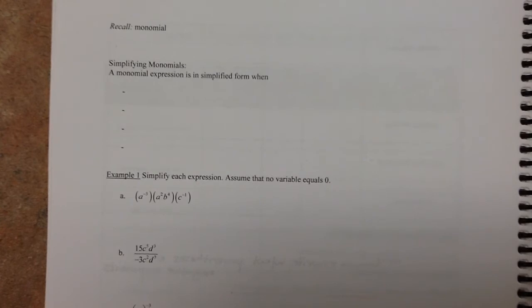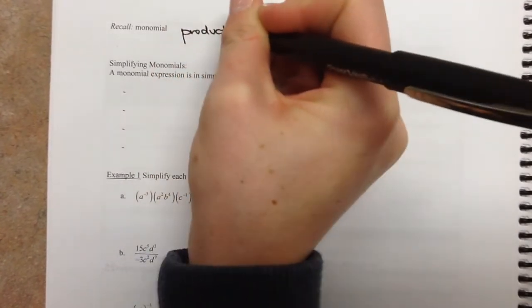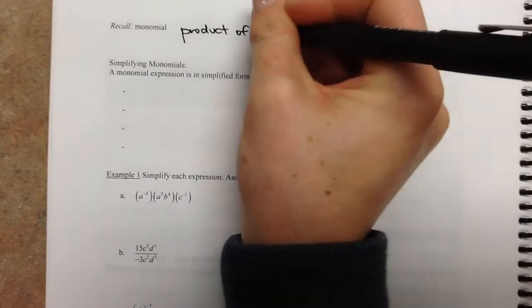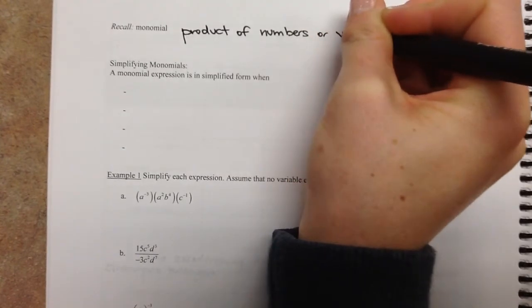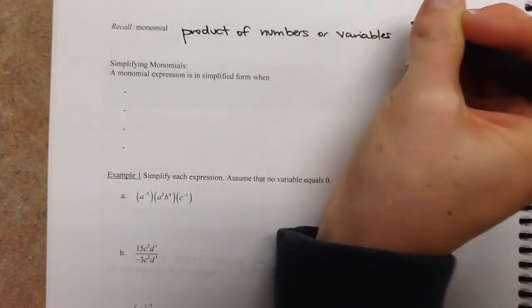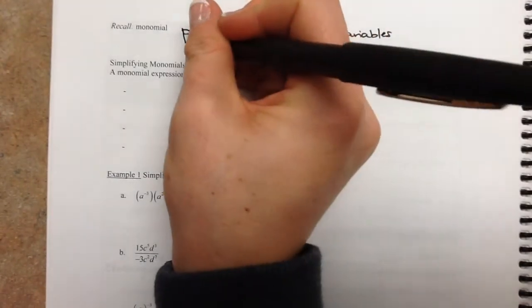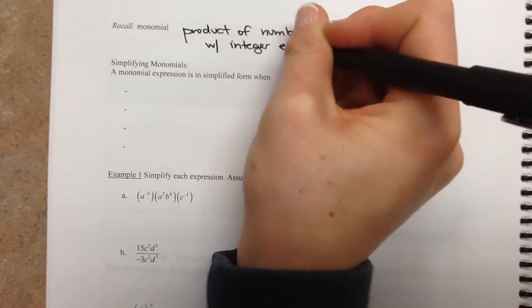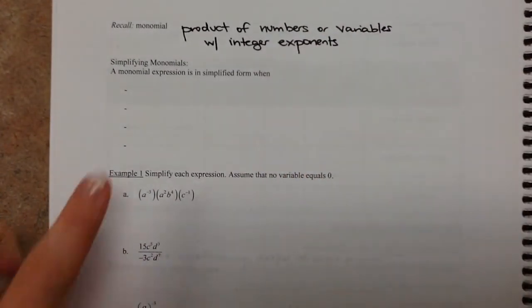It's just a product of numbers and variables with non-negative integer exponents. The non-negative part we'll get to when we write down our rules right here.